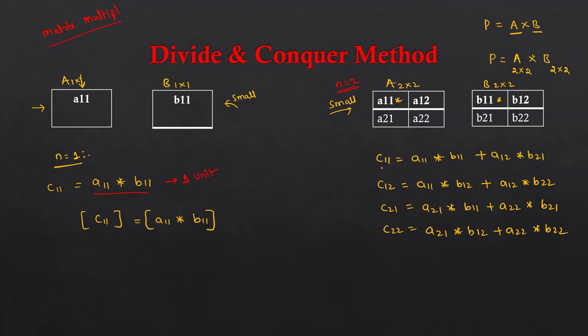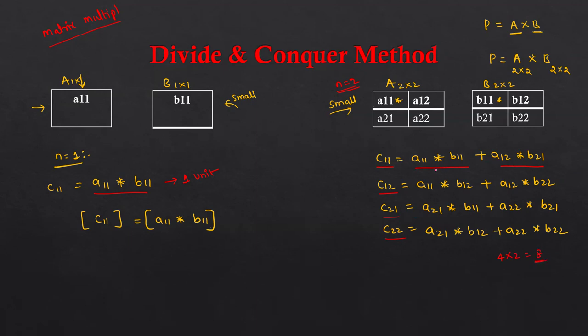To compute C11, 2 multiplications. For C12, 2 multiplications. For C21, 2 multiplications. For C22, 2 multiplications. Total 4 into 2, 8 multiplications we are performing.